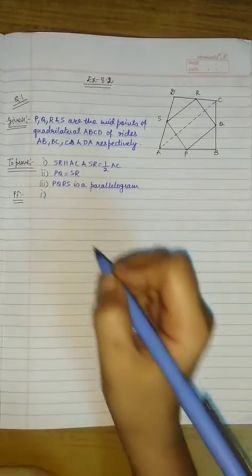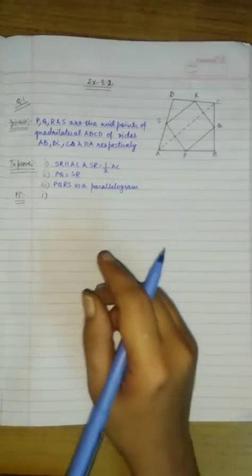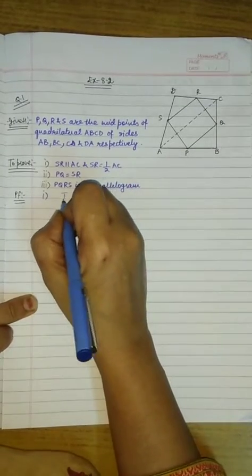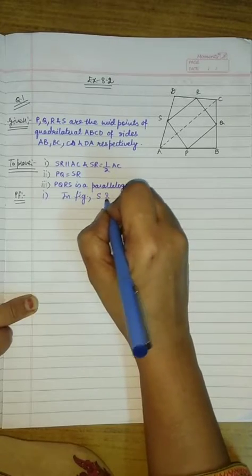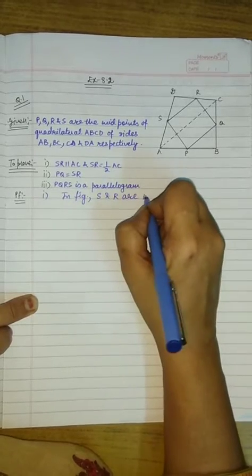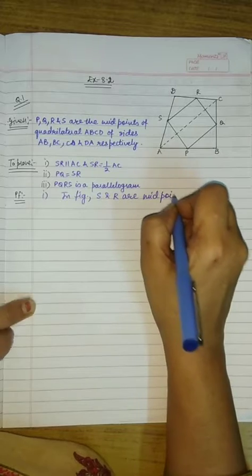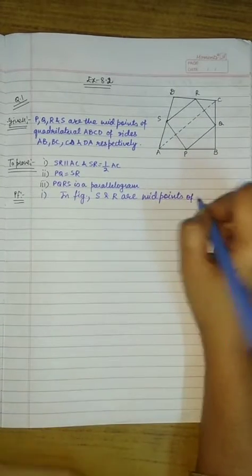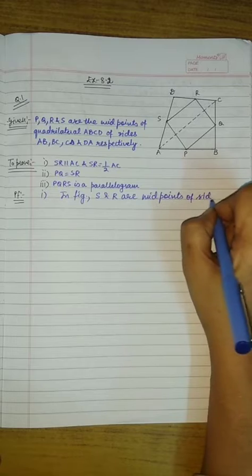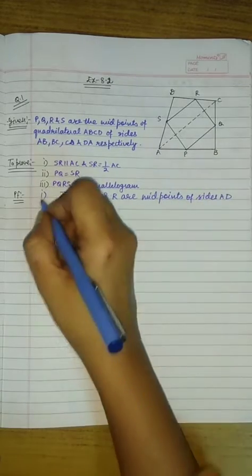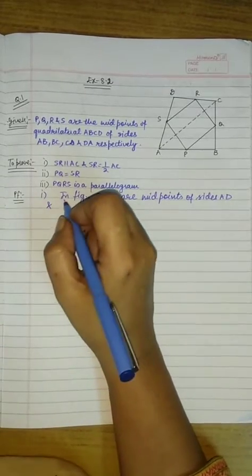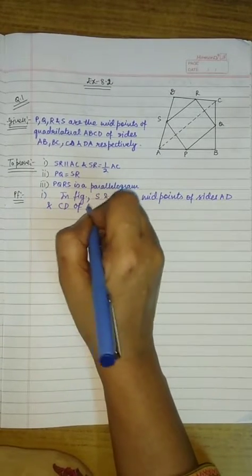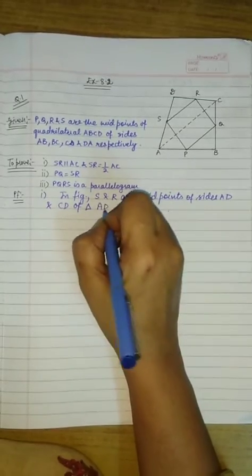Now part 1. In the figure we have S and R are midpoints of sides AD and CD of triangle ADC.